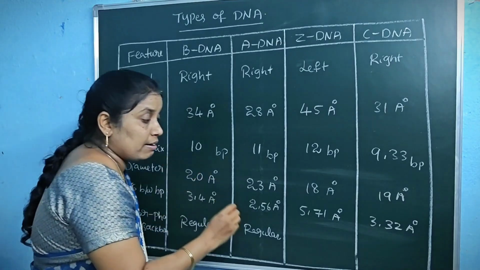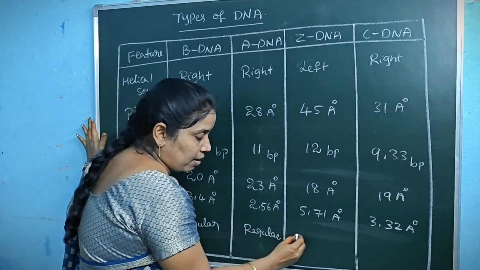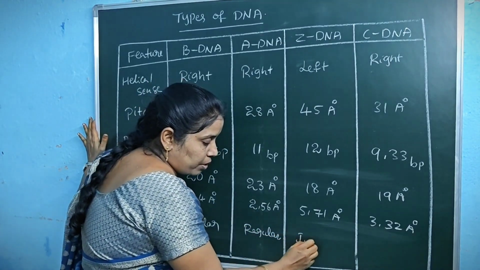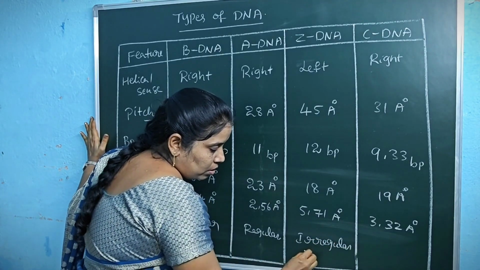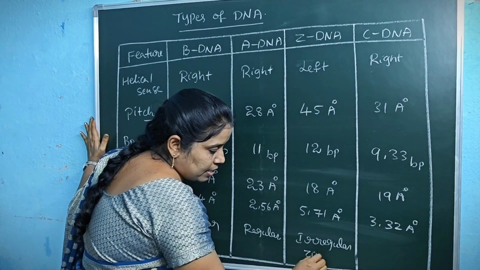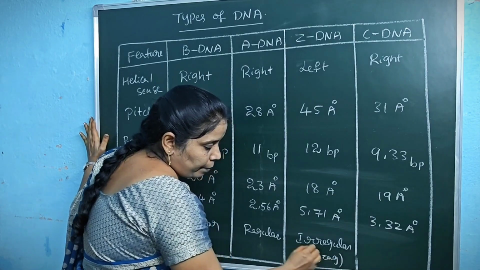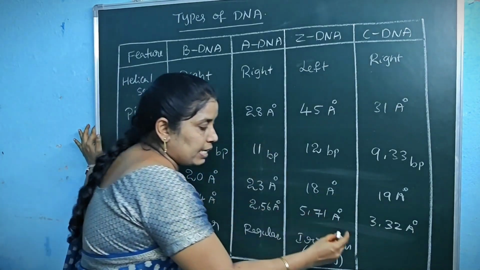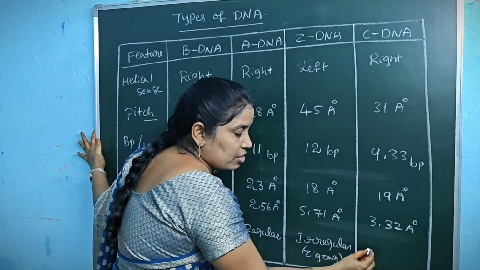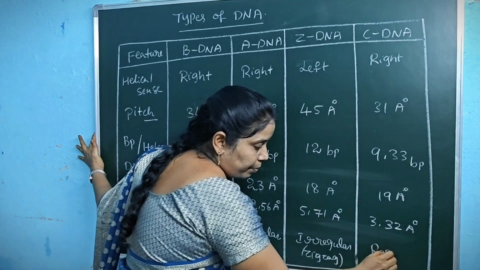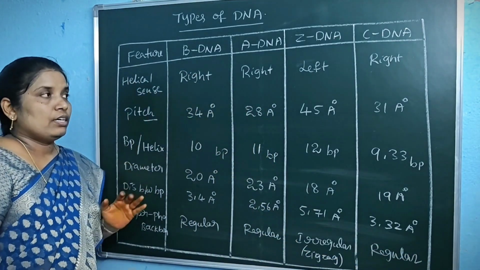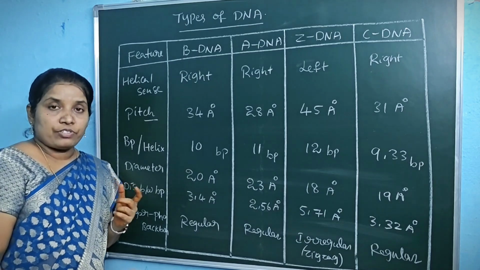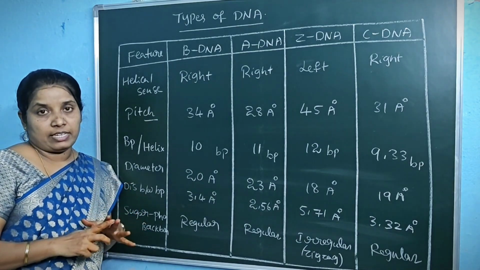But in the case of Z-DNA, the arrangement is zigzag, an irregular arrangement. Simply you can say zigzag arrangement. In C-DNA also the arrangement of the sugar phosphate backbone is regular. Okay, students, so these are the differences between different forms of DNA.